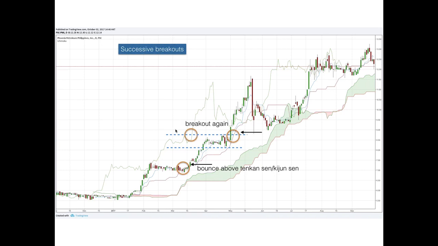A strong breakout happened. Now it resulted in a strong movement afterwards.